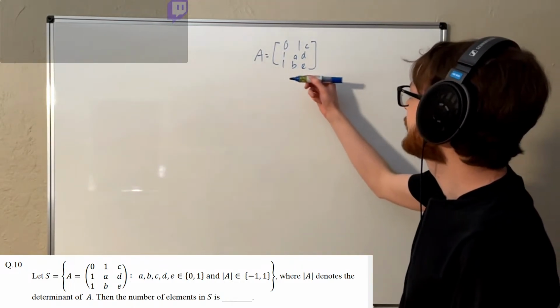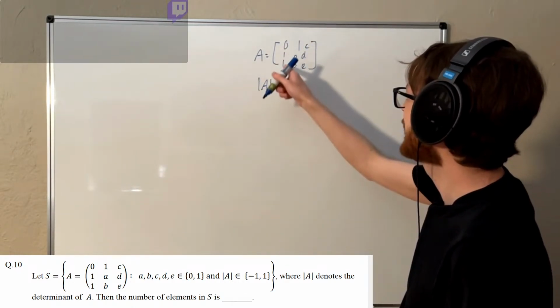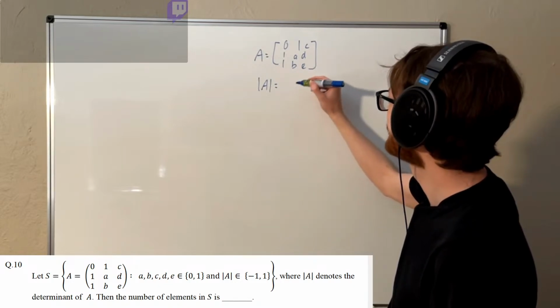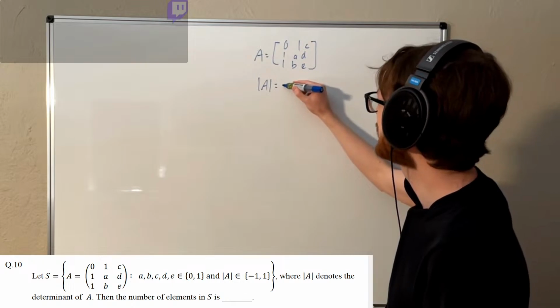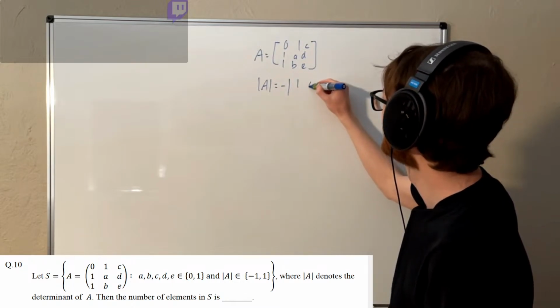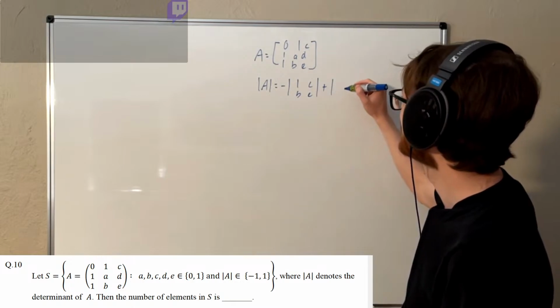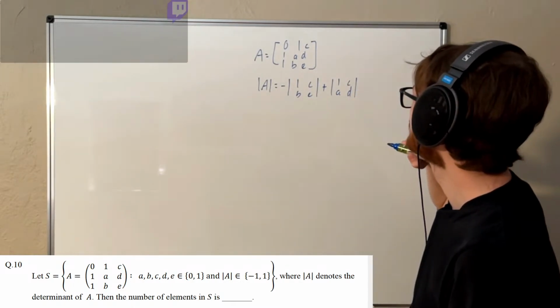So yeah, the determinant of A. If I expand, I'll just expand along this column because there's no variables for the coefficients. 1C, B, E. C, A, D. Right?